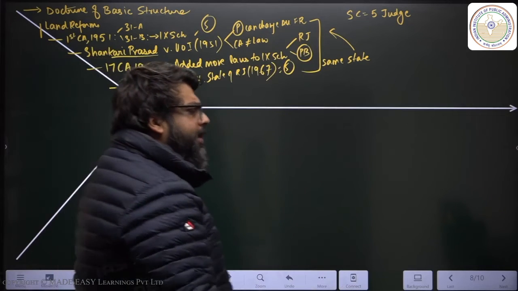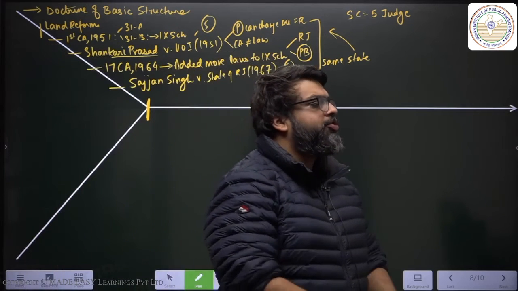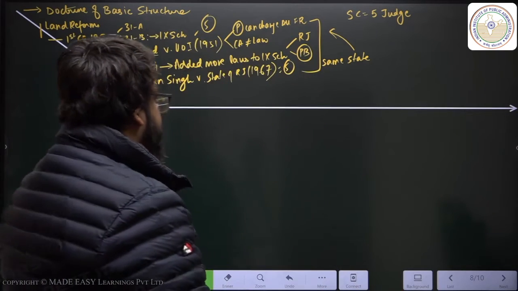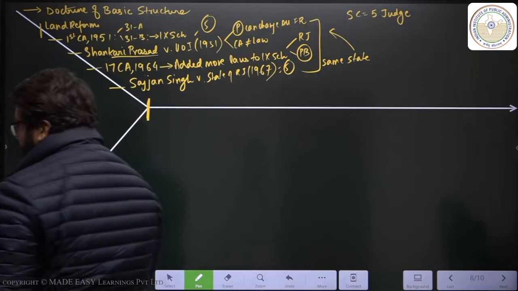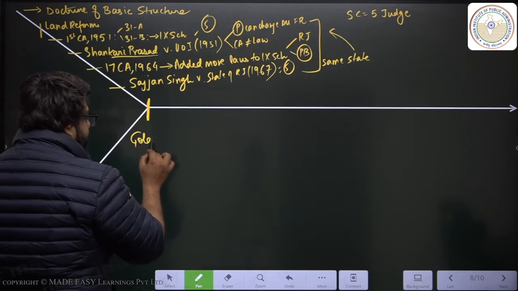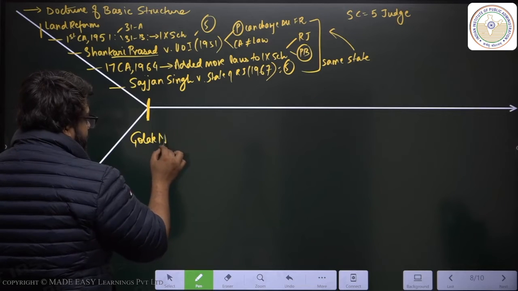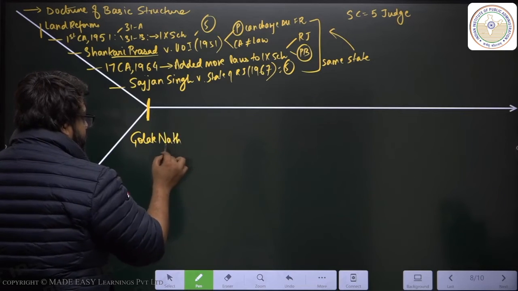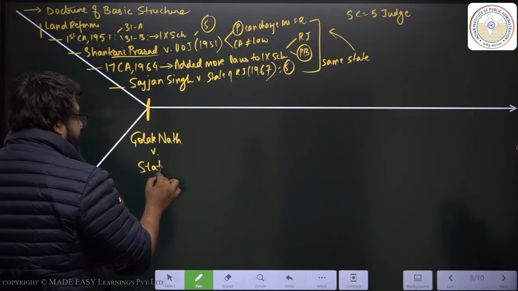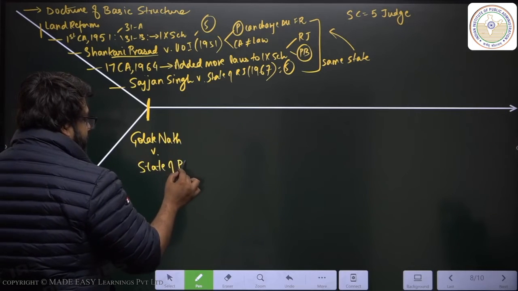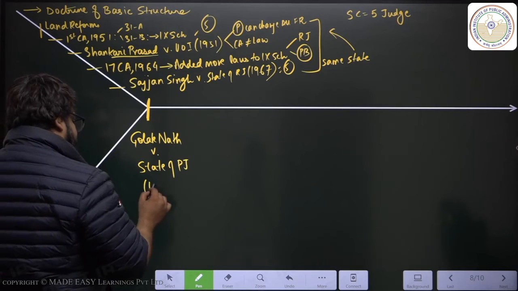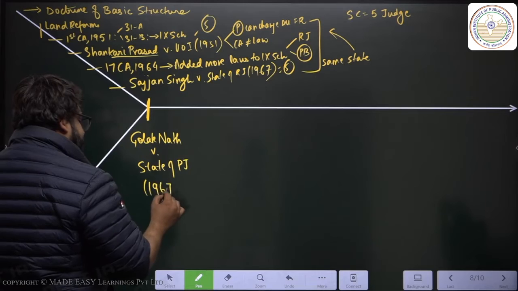An extremely wealthy landowner from Punjab called Golaknath challenged the law in the Supreme Court. Same year, 1967.